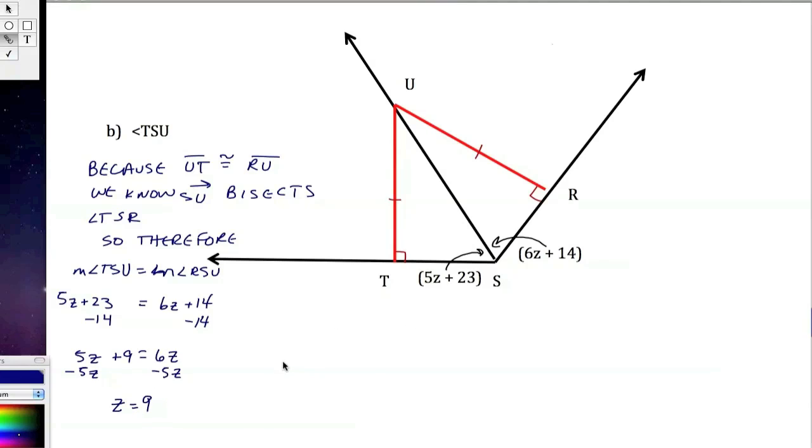And when we plug that back in, measure of angle TSU is equal to 5Z plus 23, which is 5 times 9 plus 23, which would be 45 plus 23, which is 88 degrees. Nope, 68 degrees. Little angle addition error there. So 68 degrees. Okay, guys? So that's how this one works.